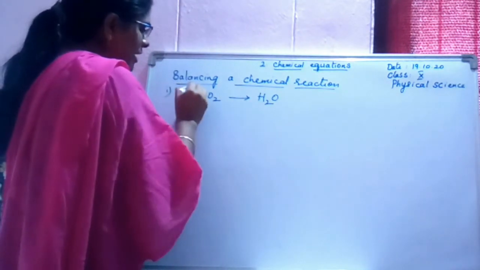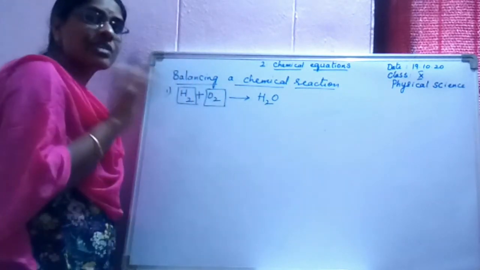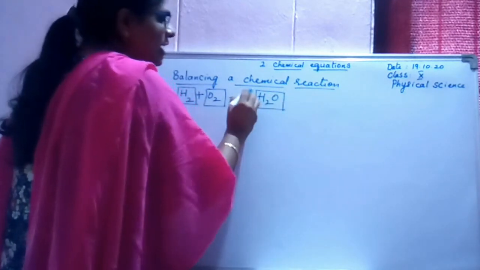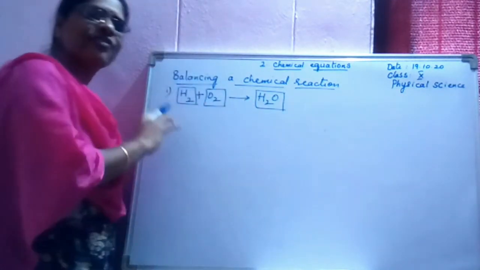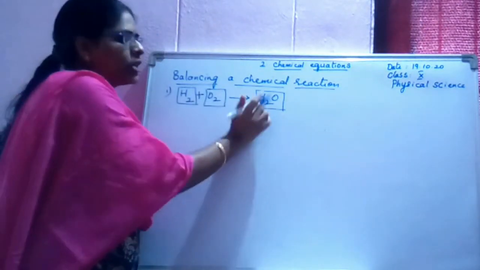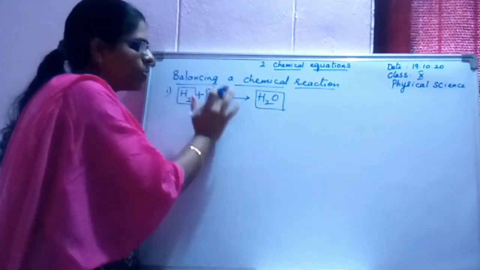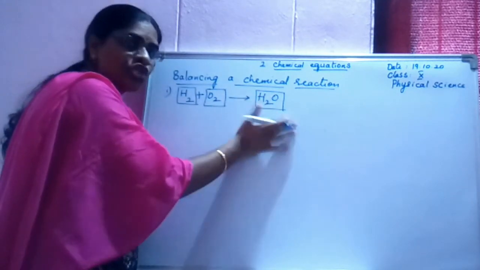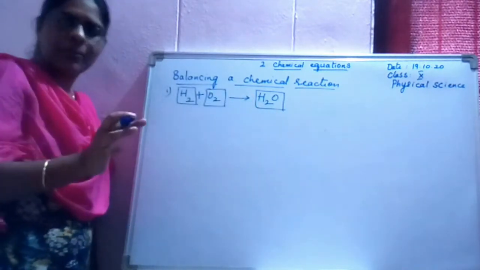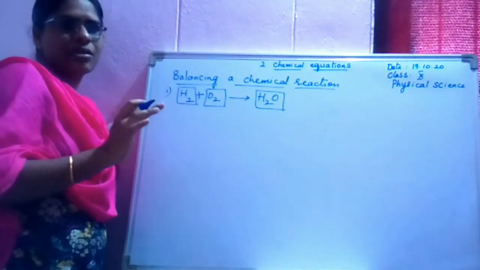Make blocks like this. Inside the blocks, you are not supposed to change the number. Outside the box, you can keep any number in order to balance the left hand side and the right hand side. Okay, children? Whatever number in a chemical equation they have given, put a box like this. Don't change the number inside the box. Even though it is not balancing, don't change the number. It will be balanced. Okay?